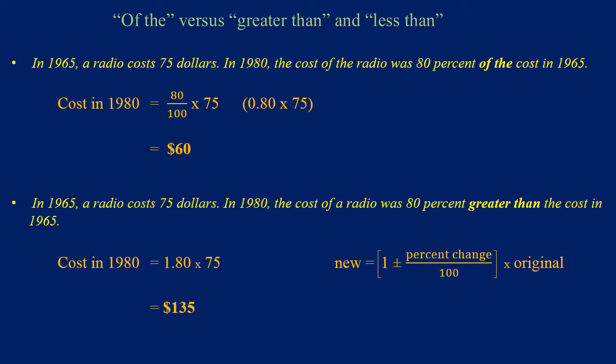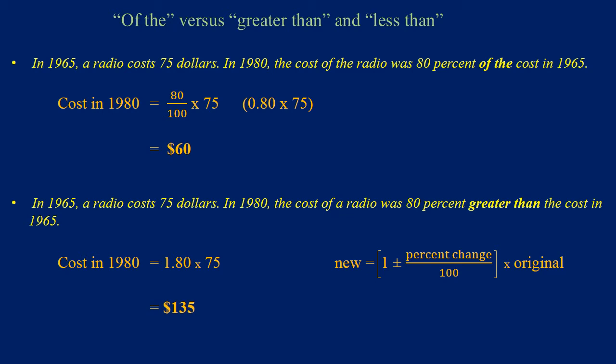Now let's see the same question with a little change in the statement. It says that in 1965, a radio cost $75. In 1980, the cost of the radio was 80% greater than the cost in 1965, and we need to find the cost of the radio in 1980.